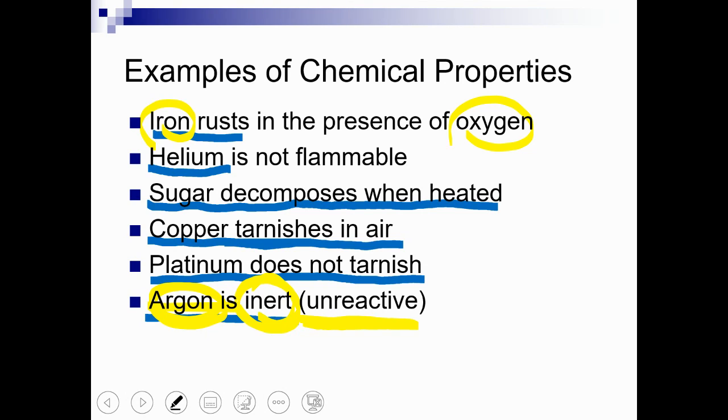And you might say, well, why the argon? All those gases on the right side, helium, all of them, they're all unreactive. But argon is the third most abundant gas in our atmosphere. Nitrogen and oxygen make up like 99% of our atmosphere. And the other 1%, the biggest contributor is argon. So it's fairly plentiful, and it is inert, meaning that it is unreactive. So it'll have a special use, like inside of a light bulb.